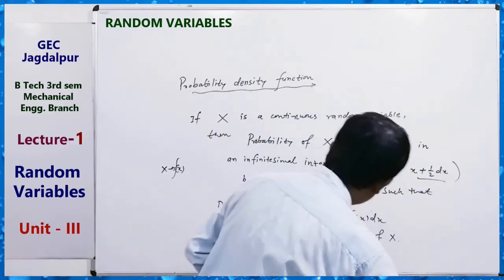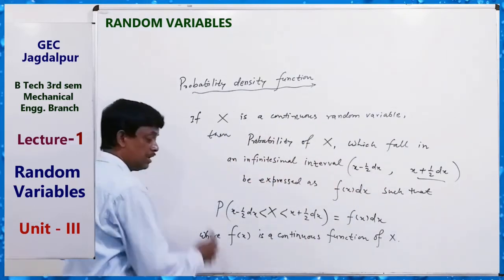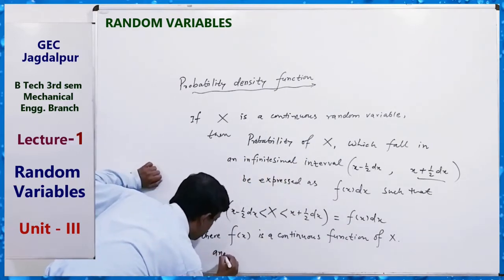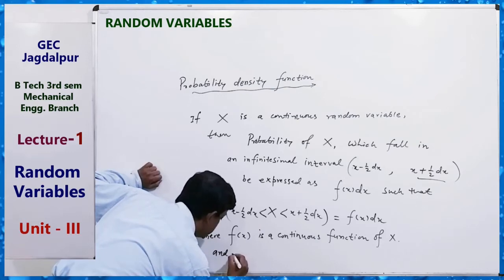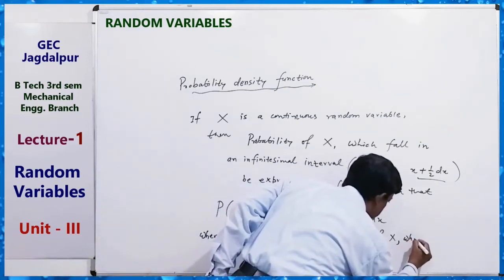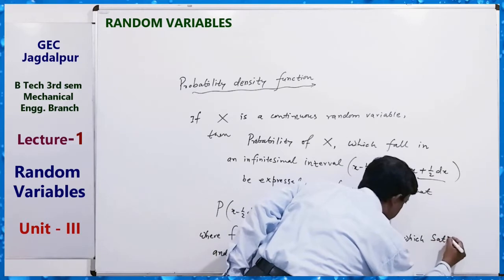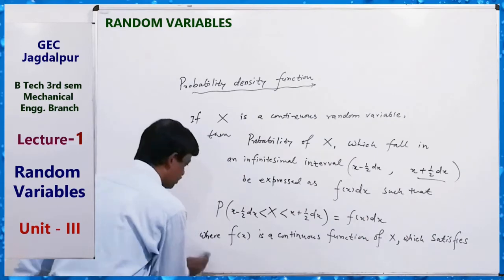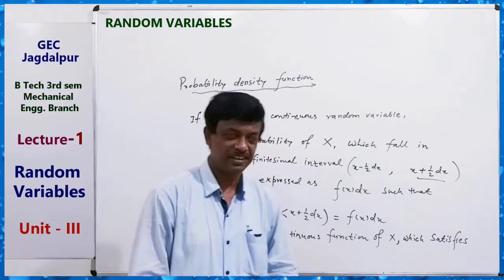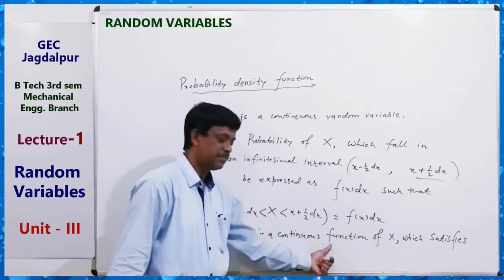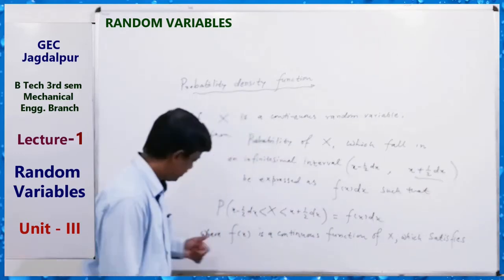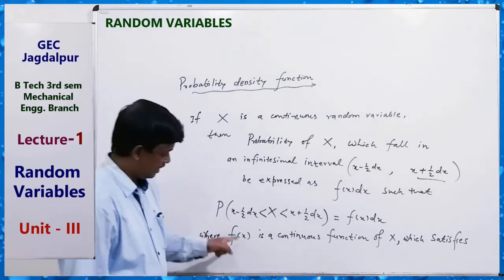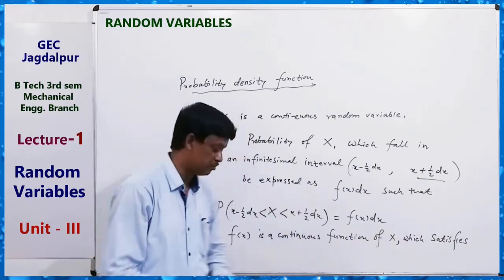This is a continuous function of x which satisfies two conditions. That is the main condition for the PDF. It is called f(x), the probability density function, and it satisfies two properties.